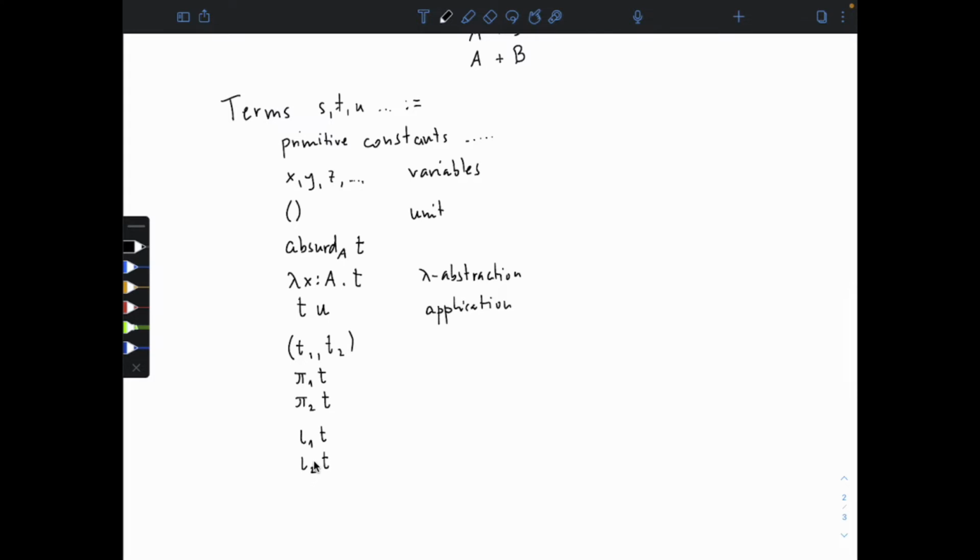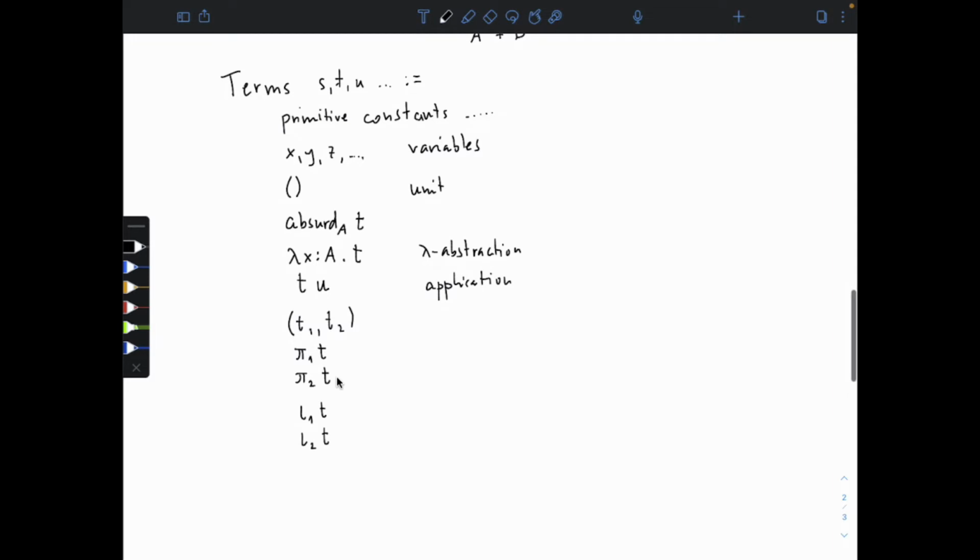There will be different ways of writing a case statement. Let me just use a computer-science-y one, and it would go something like this. Case T of, if it is of the form iota 1 of x, then you do something called T1, or if it is iota 2 of y, then it's T2. So this is how you'd write a case statement.